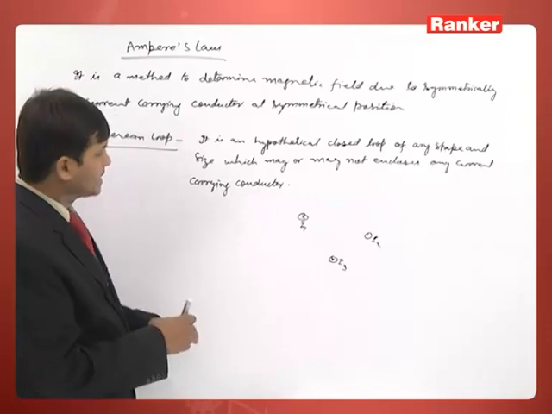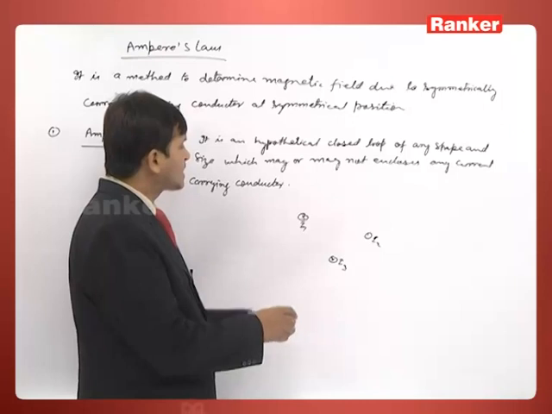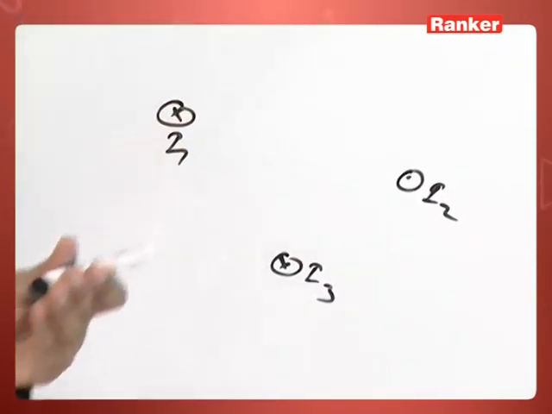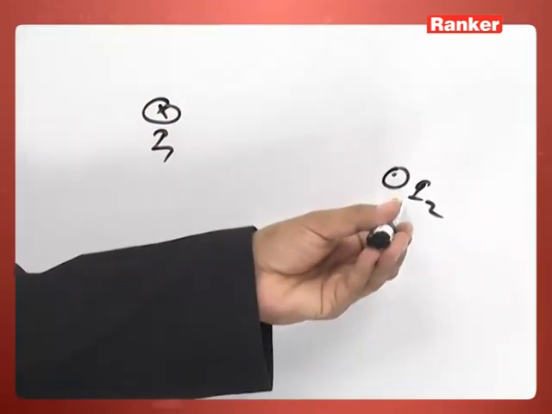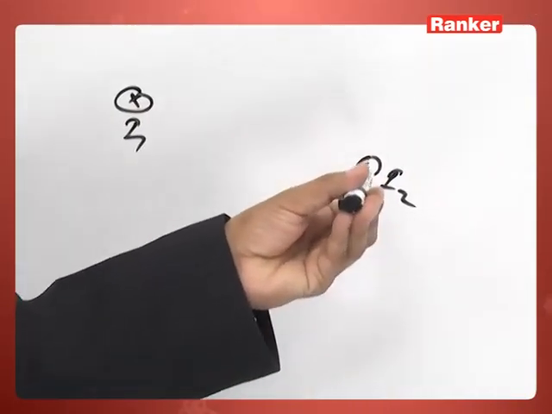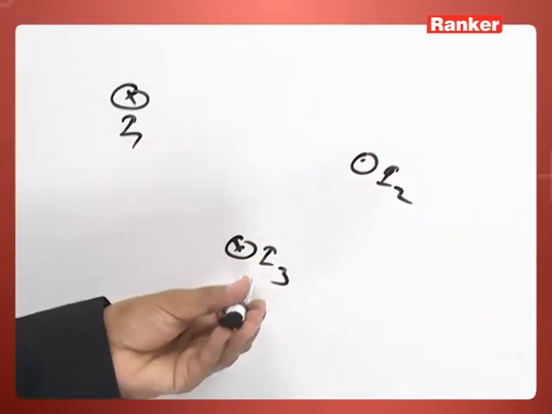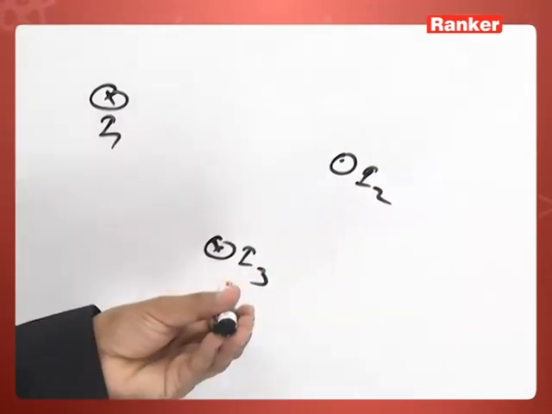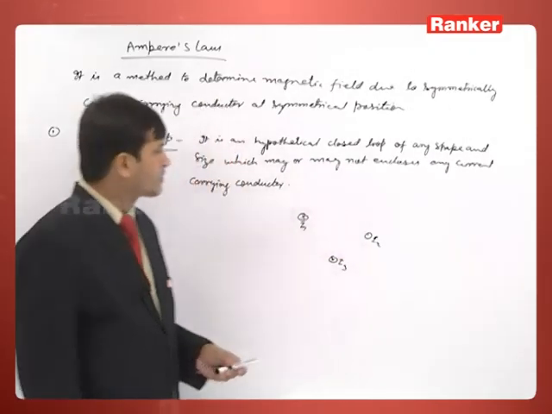I1 with a cross sign indicates that our conductor is normal to the plane of the board and the current is inward. A dot sign indicates that the conductor is normal to the plane of the board but the current is in the outward direction. Similarly, I3 with a cross indicates current into the plane of the board, inward. Our conductor is normal to it.